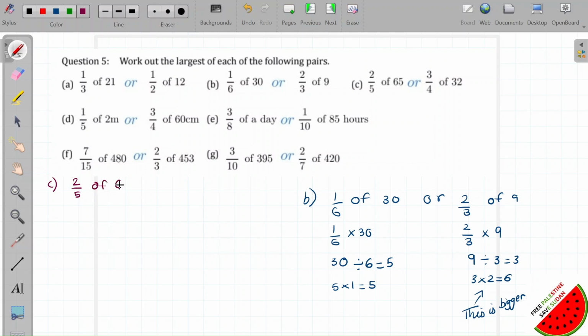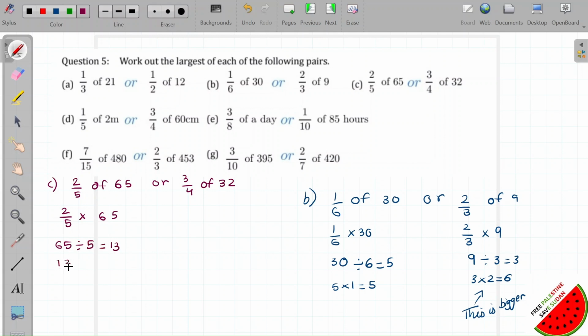Two-fifths of 65, or 3/4 of 32. So same way, first change it into multiplication instead of "of". I'm going to do 65 divided by 5, which is 13.